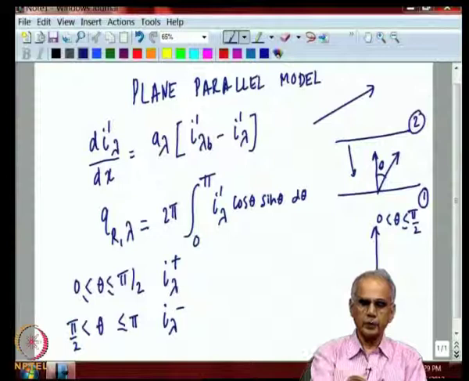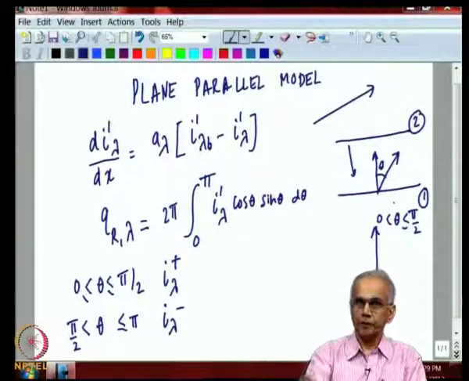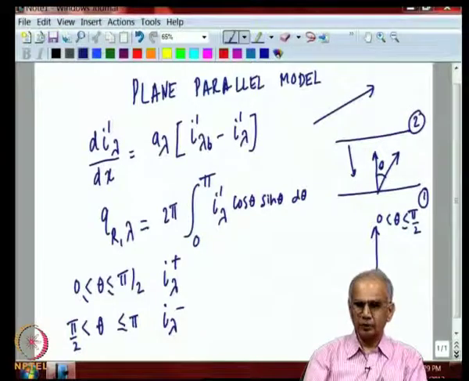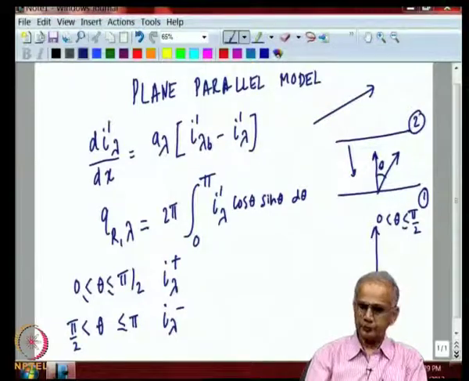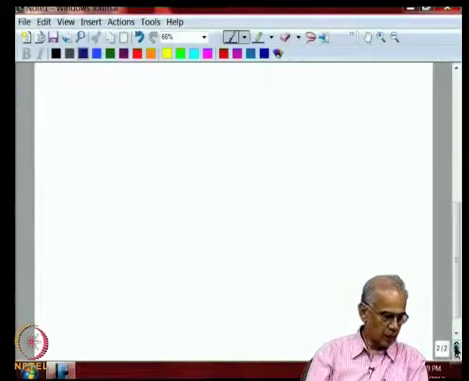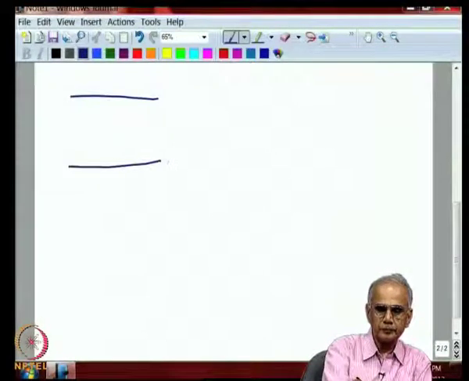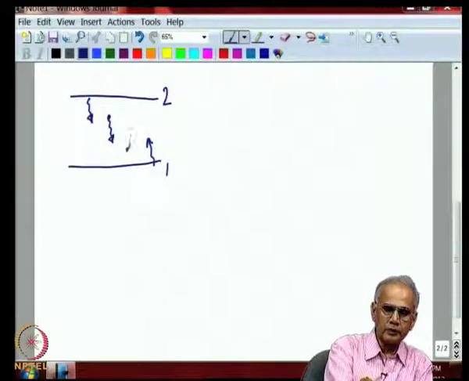So, when integrating this equation for upward going rays, we start from the bottom surface and go up, and when we look at the downward going rays, we start from the top, look at the emission of the upper surface, and we saw that there are 4 terms in the equation. 2 terms involve emission by the surface and attenuation in the gas, and other 2 terms involve emission by the gas upwards and downwards.